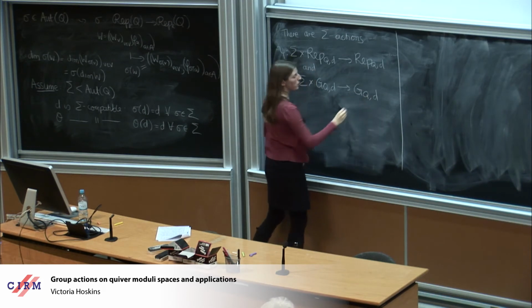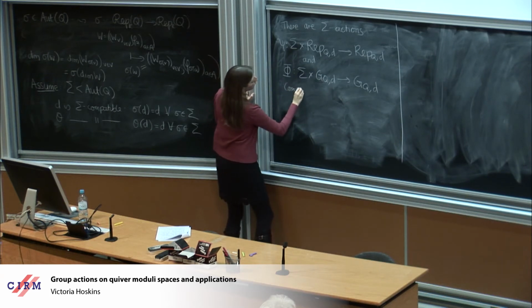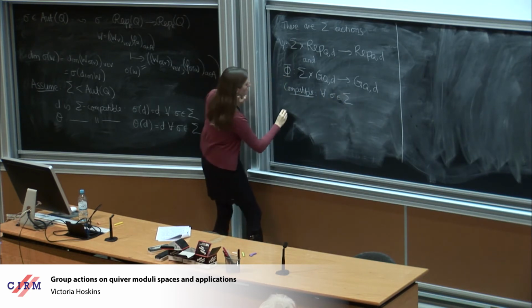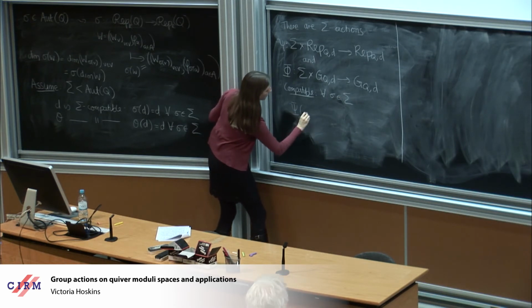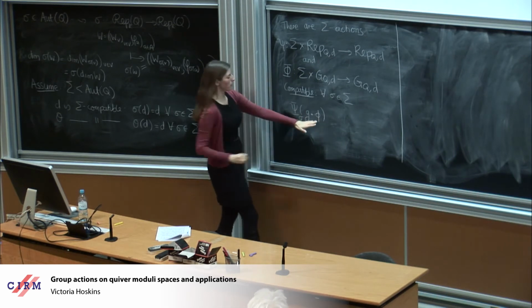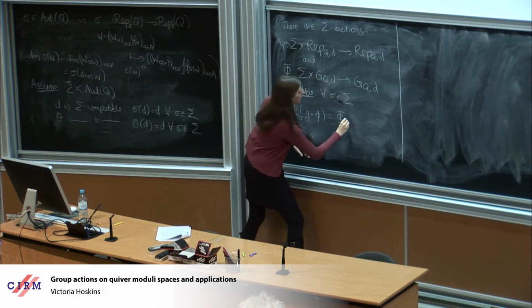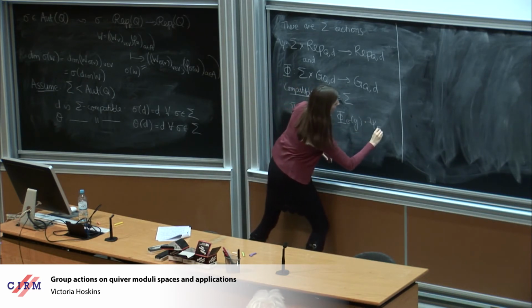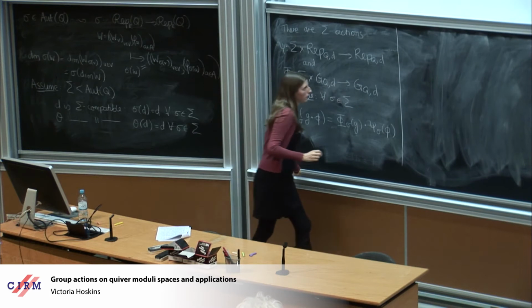And these are compatible with the action of G on rep QD, in the sense that for every sigma in our group, if we take g and act on some element phi of rep, then this is the same as acting by sigma on g and then using the G_QD action on the action of sigma on phi.